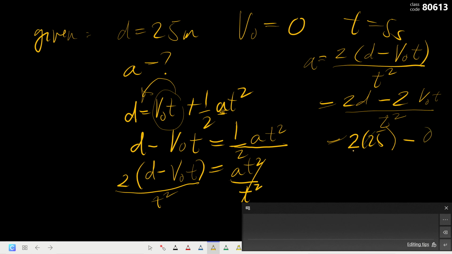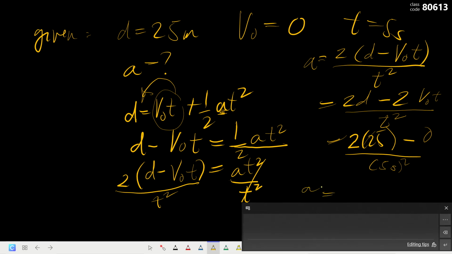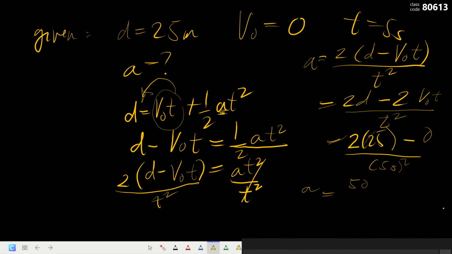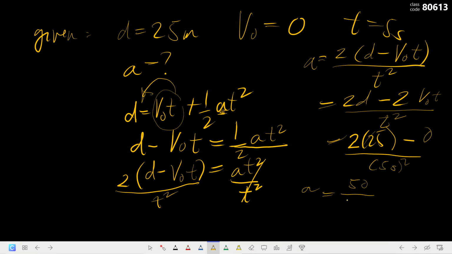And t squared is 5 seconds squared. So now we have a is equal to 50 divided by 5 squared, which is 25.